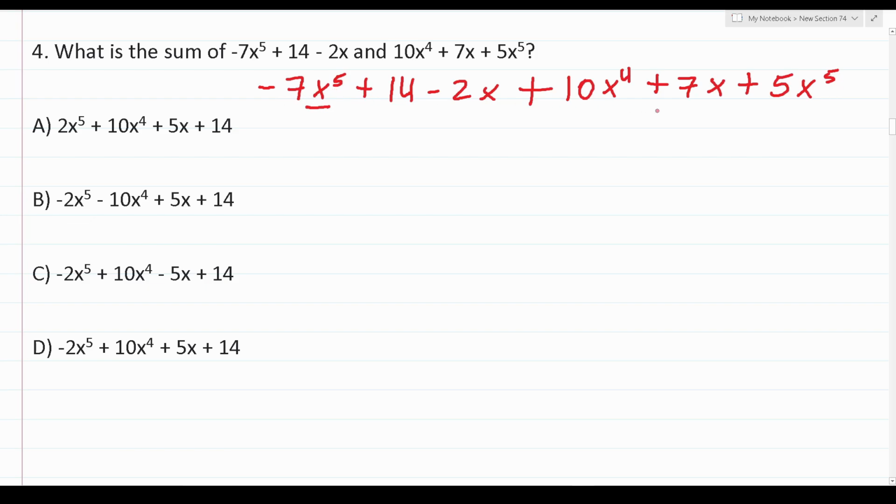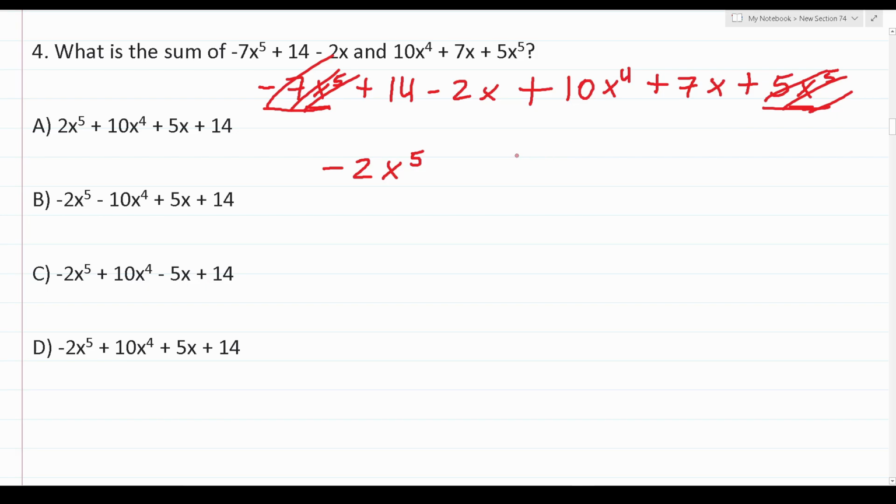So if we scan this expression, a like term has to have x raised to the 5th power. And we can see this is x raised to the 5th power. So negative 7x to the 5th and 5x to the 5th are like terms, and therefore we can combine them. Negative 7x to the 5th plus 5x to the 5th is negative 2x to the 5th. And once we combine them, we can simply cross them out.